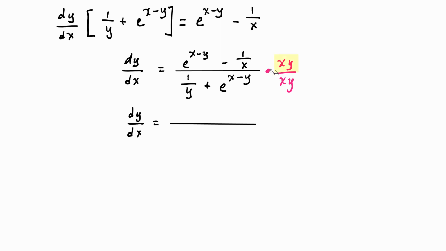So distributing the xy times the first term, we get xy times e to the x minus y minus xy times 1 over x becomes y. In the denominator, when we distribute, we have xy times 1 over y becomes x plus xy times e to the x minus y. Nothing cancels there.